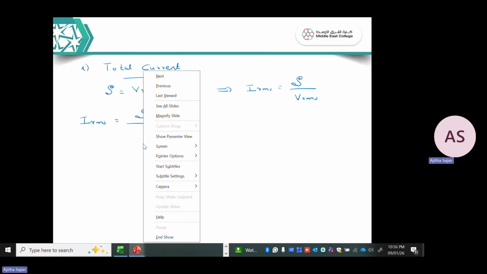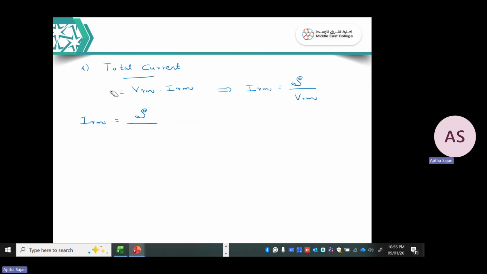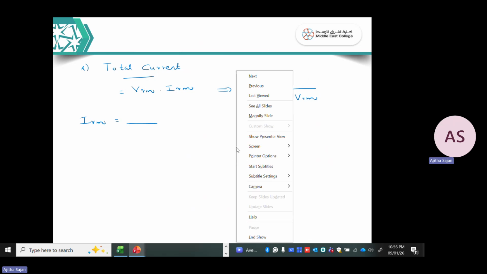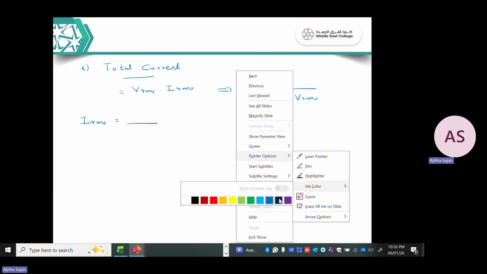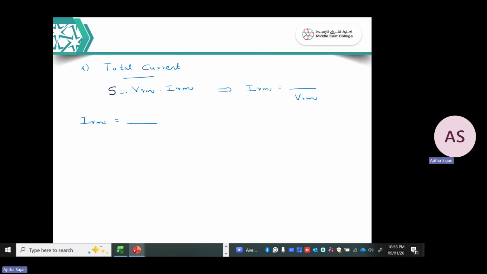Apparent power S is equal to Vm Im by 2, or Vm by root 2 into Im by root 2. It is nothing but VRMS into IRMS. So what is IRMS? IRMS is S by VRMS.